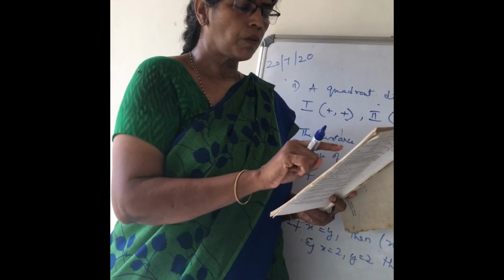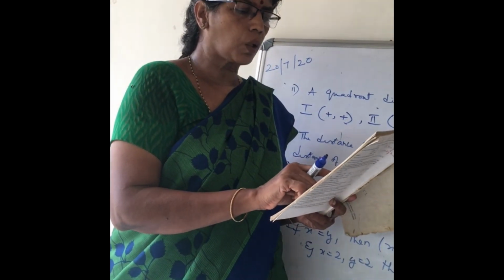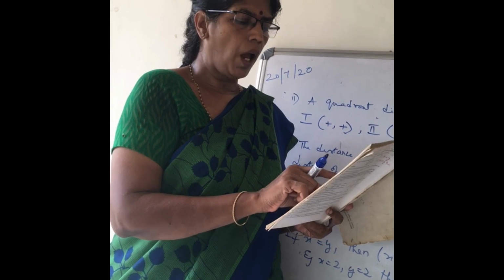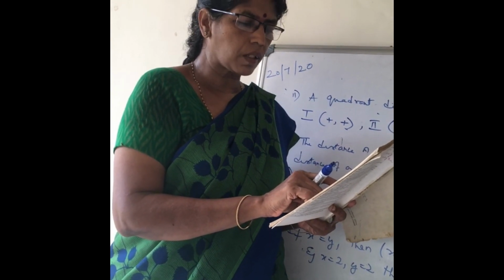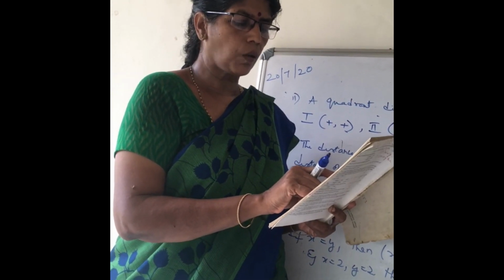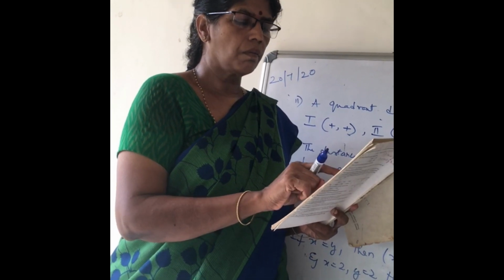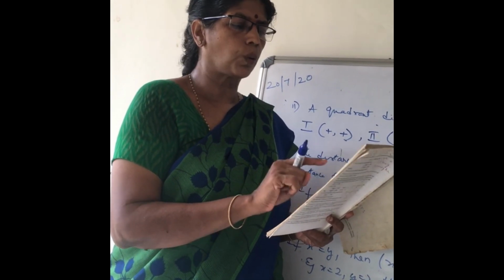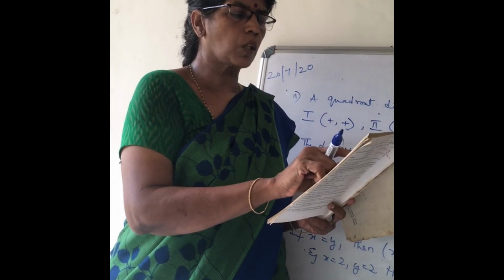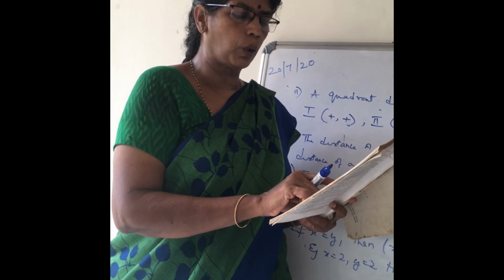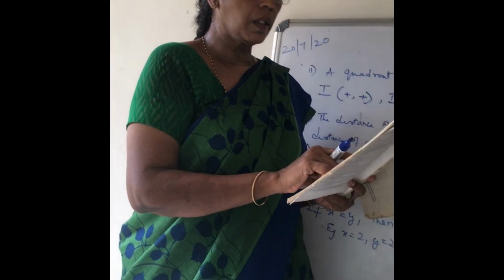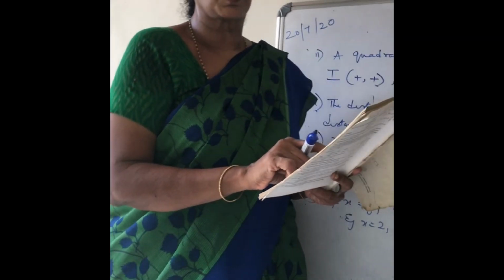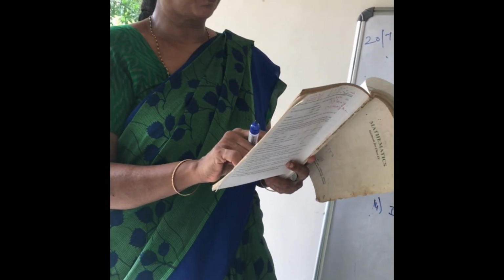X-axis. So y is equal to 0. And x is equal to -3. The coordinates of the point M will be what, girls? -3, 0. I think you could have followed, girls.